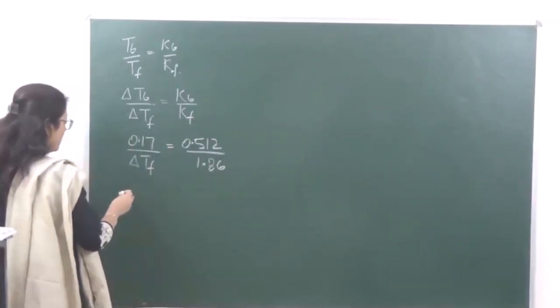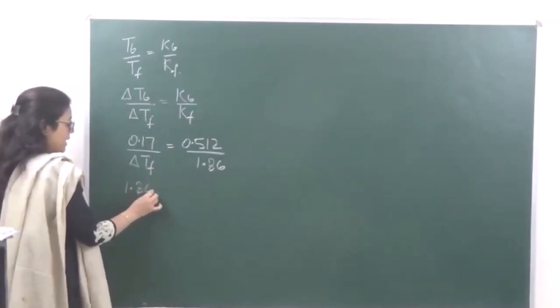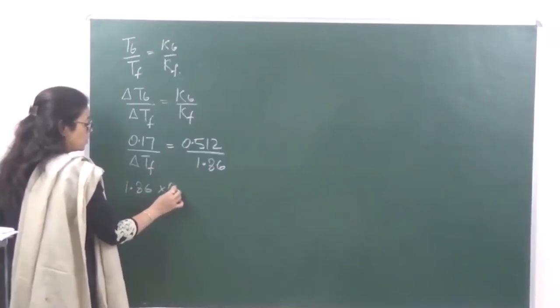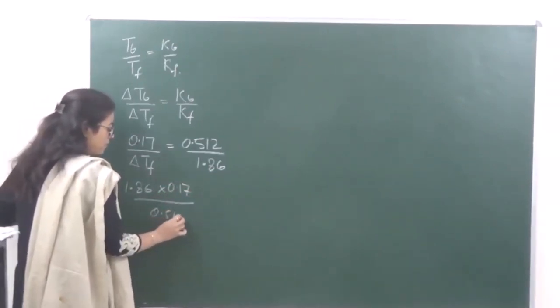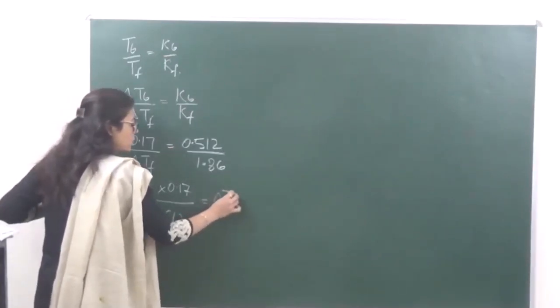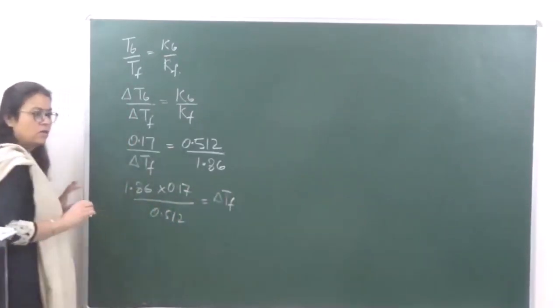So delta Tf will become 1.86 into 0.17 divided by 0.512, that is equal to delta Tf.